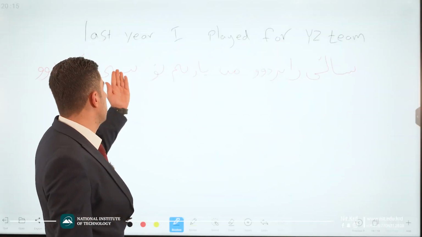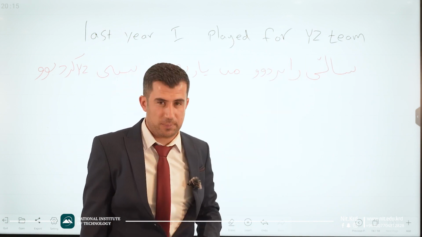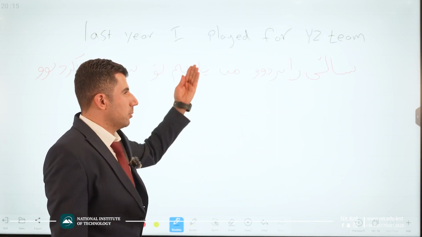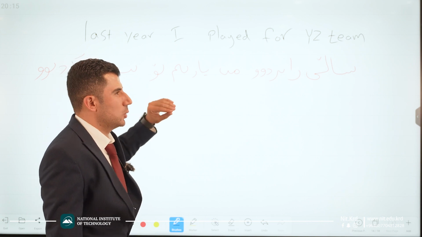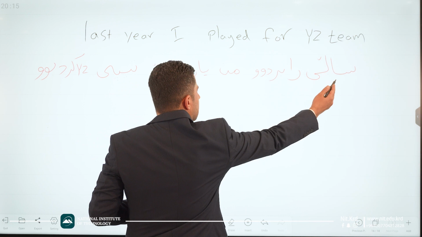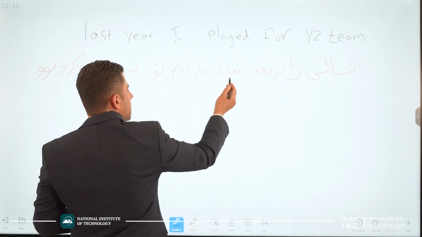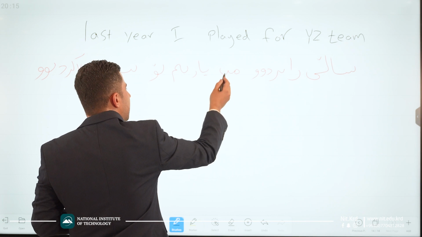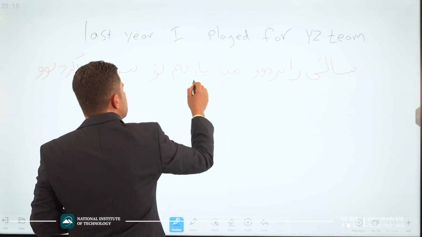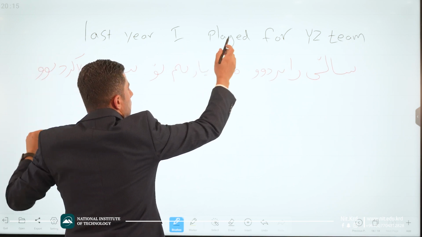Look at this example. Last year, I played for YZ team. Right now, let's translate to Kurdish language. Last year is Sali Rabirdu. I is equal to min. Played is Yari kirdibu, together because it's compound.